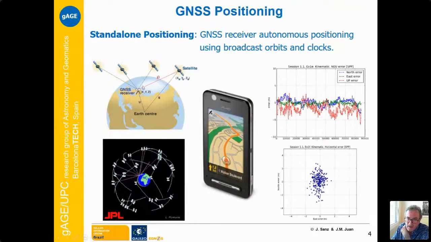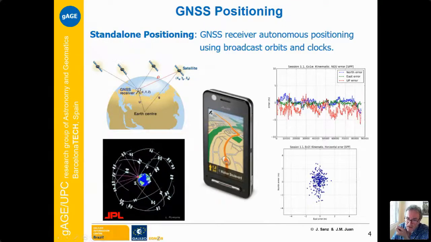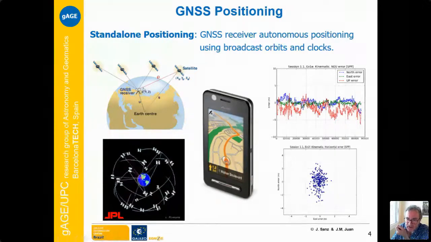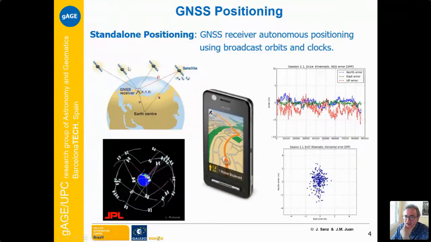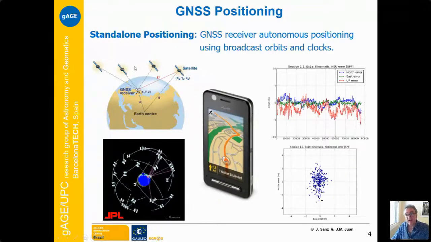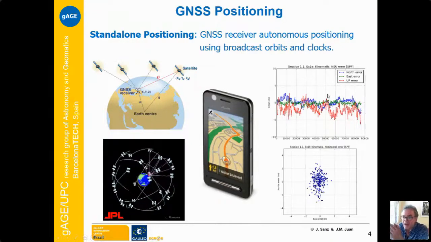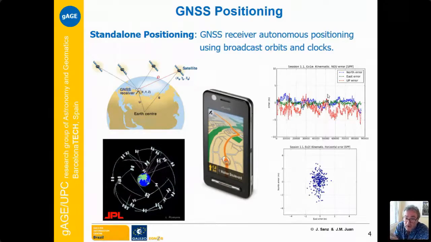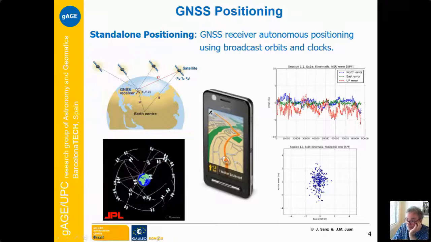The ranging, the measurements of the GNSS receiver about the traveling time from satellite to receiver, and the navigation message in order to know the satellite coordinates. The accuracy we can expect in this positioning, based on code or on a smoothed code, is at the level of a few meters.